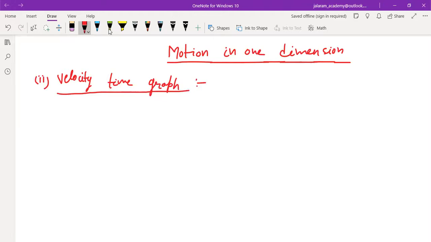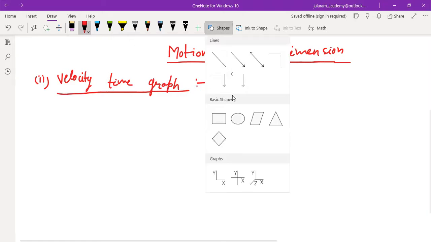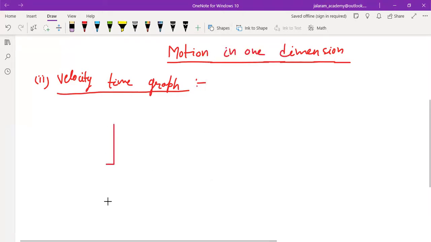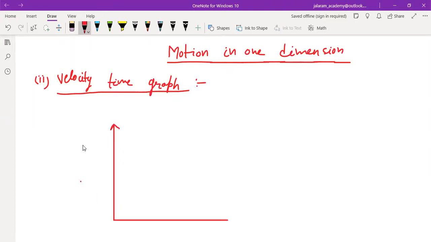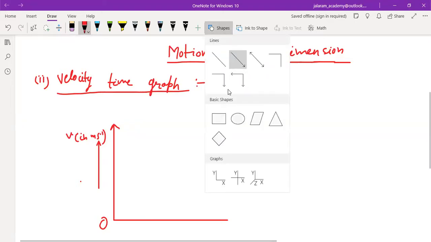Velocity time graph. So the graph in which velocity is shown along y-axis, velocity unit in meter per second, draw in your notebook, and time in second.